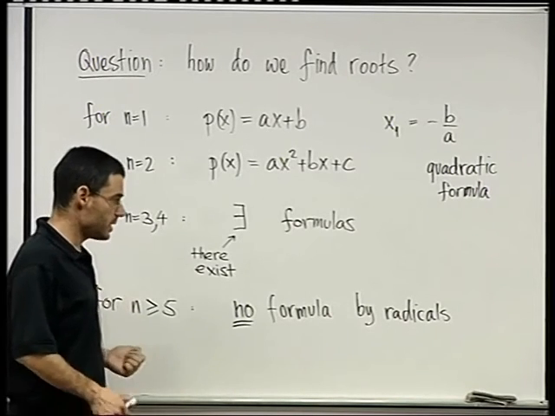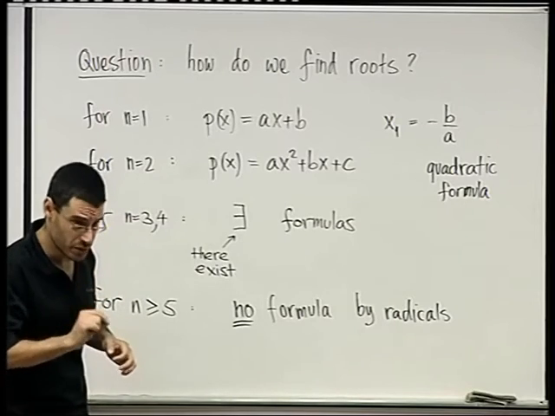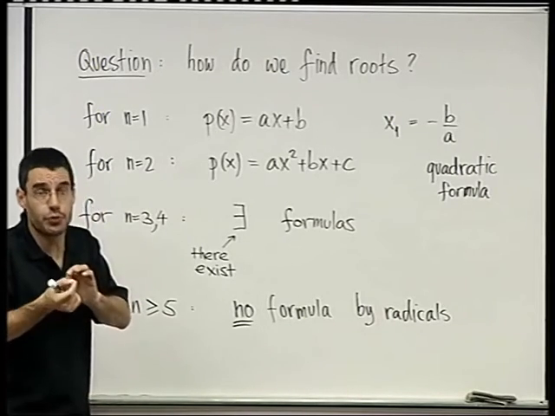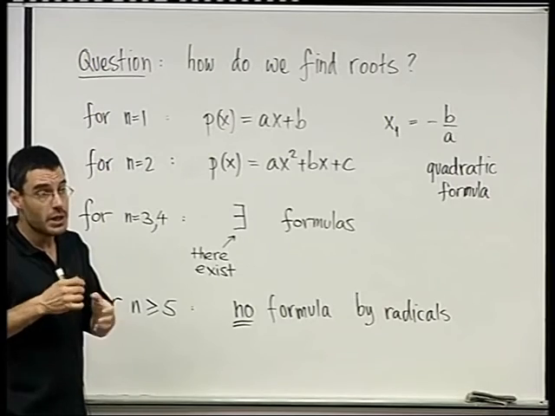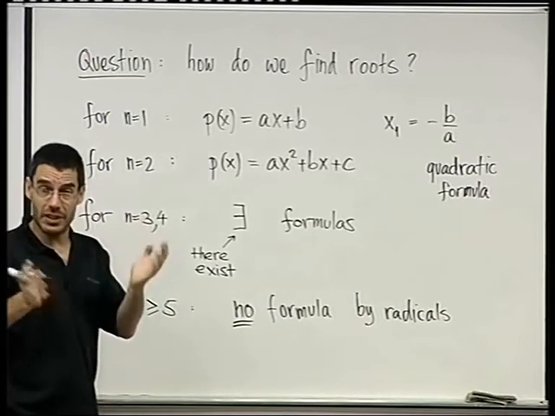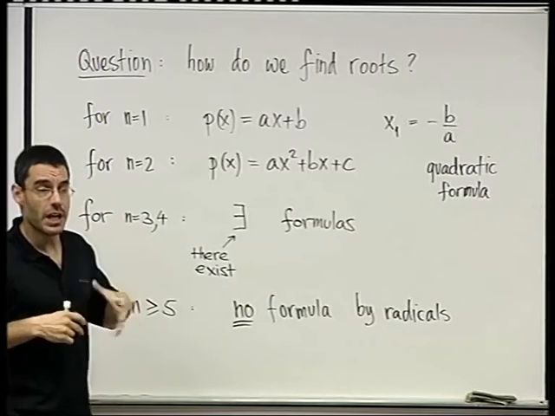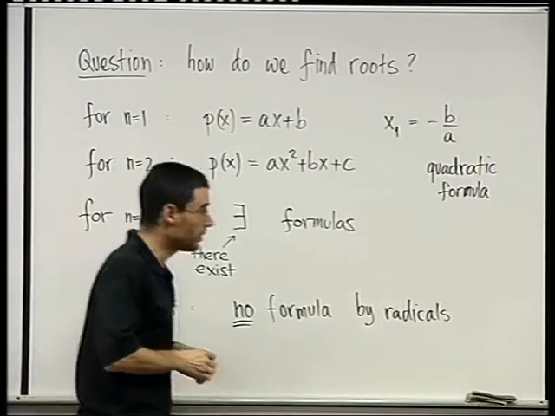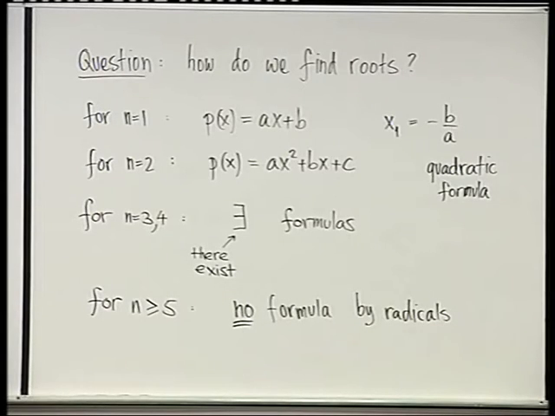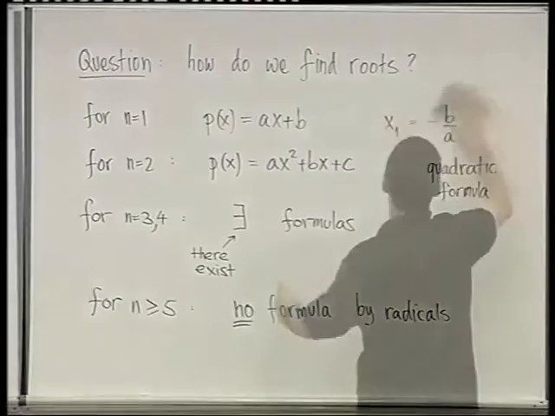So the answer, and that's what we're only going to give hints to right now, is that there are some tricks that enable us to usually partly play guessing games and then carry out some tricks in order to find roots. But at the end of the day, it's all numerical methods of approximation and finding the roots, methods that are available today because of computers. So let's write that.